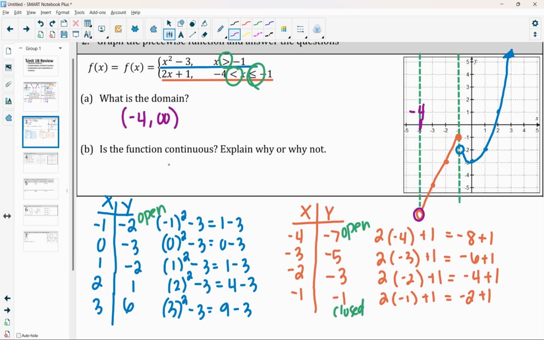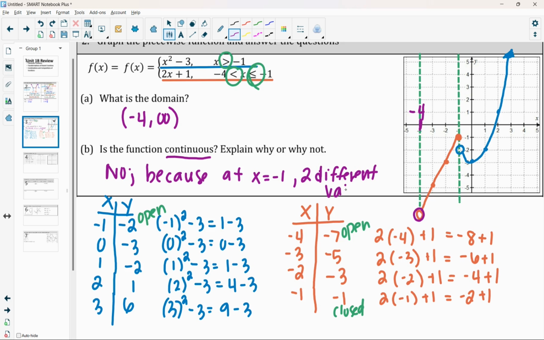And then is this function continuous? That would be no, because at x equals -1, you get 2 different values. Now, one has an open circle and one has a closed circle, but we can see that there's a split here.